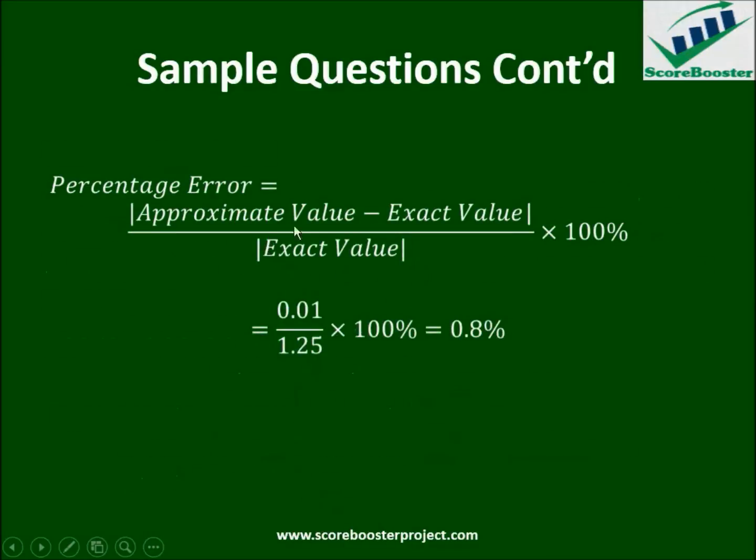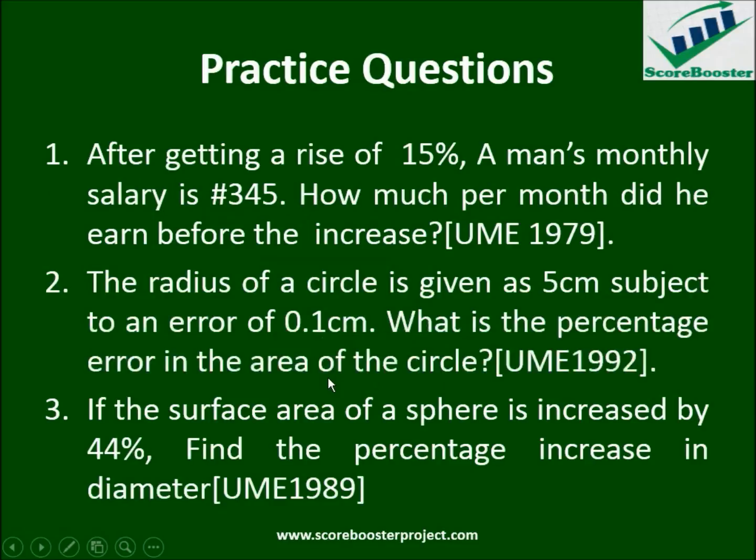Since we've determined the error to be 0.01 and the exact value is 1.25 as given in the question, the percentage error is 0.01 divided by 1.25 times 100%, which is equal to 0.8%.